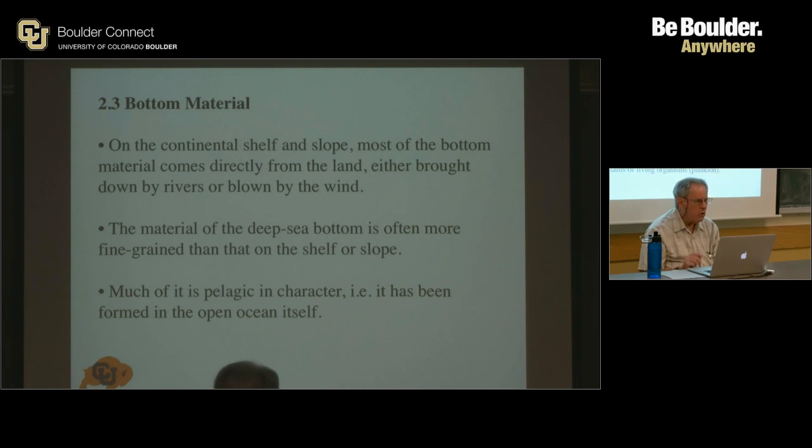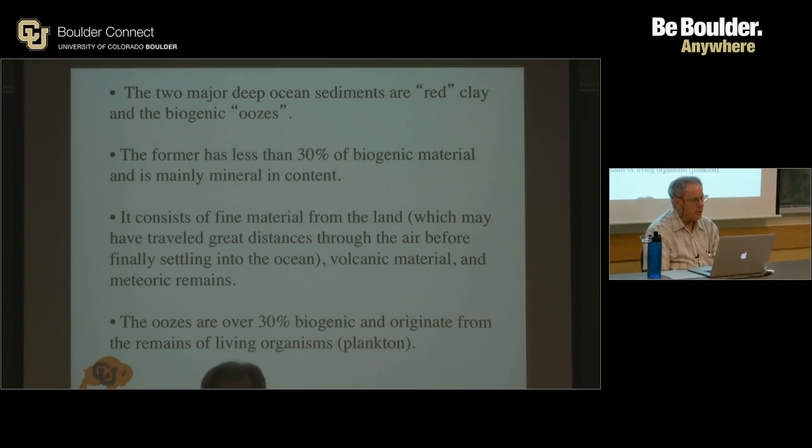Okay, two major deep ocean sediments are red clay and biogenic oozes. This is really squishy mud. I've seen it when they bring up dredges. The red clay has only 30% biogenic material.